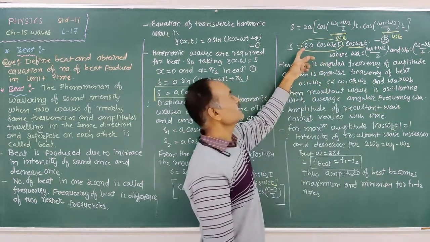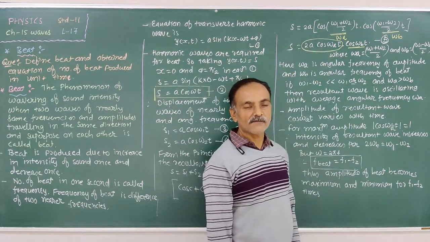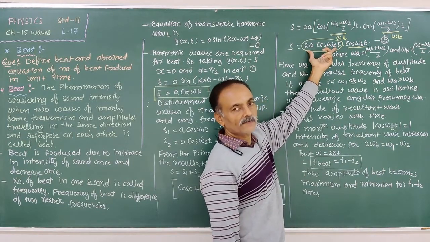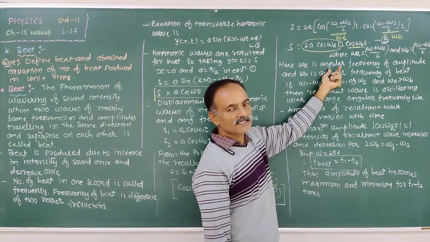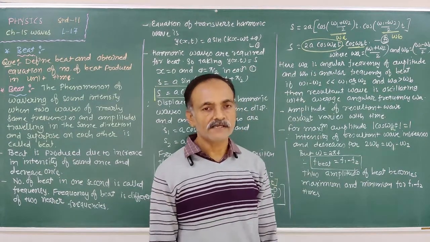Because this equation is the same as y is equal to a cos omega t, where a is the amplitude, here this part is the amplitude of the resultant wave. Therefore, omega a is the angular frequency of amplitude, omega b is the angular frequency of the beat.